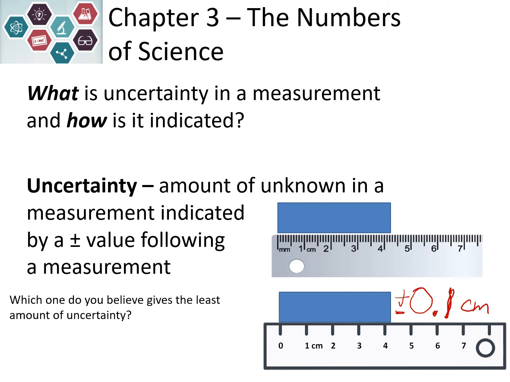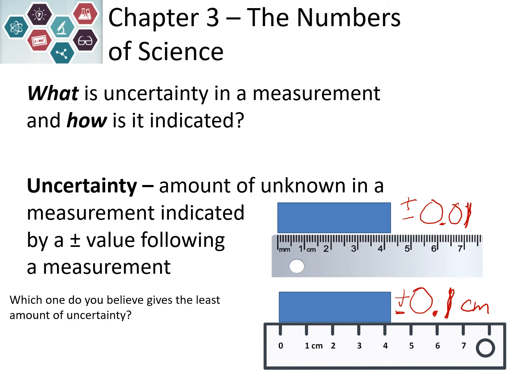If we look at the top ruler, now we can read the ones place for certain. We can read the tenths place for certain because it is marked. And we're going to estimate between the tenths place.